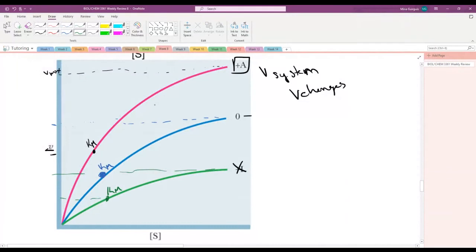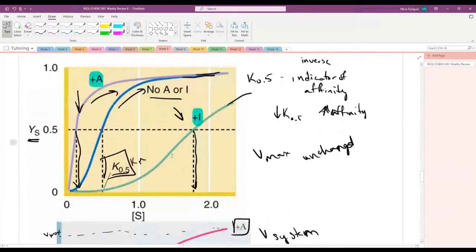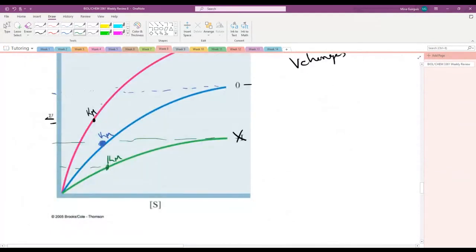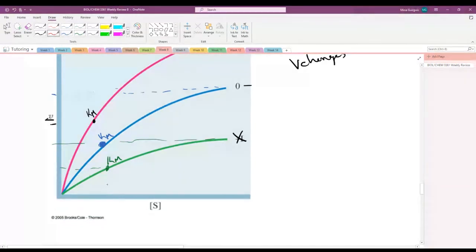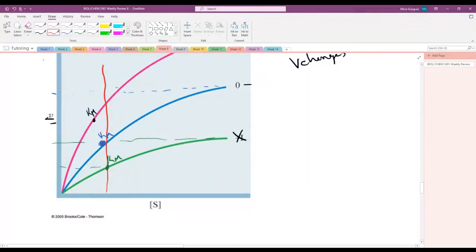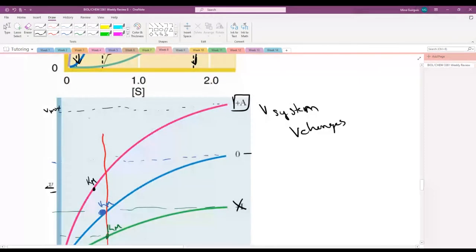It's not changing by drastic amounts. It ends up being about the same for all of them. That's really what it comes down to. Km should be about here for all of them. Obviously because I'm approximating, it's not exact, but Km is unchanged. Km, K0.5, whatever we want to call it, unchanged.